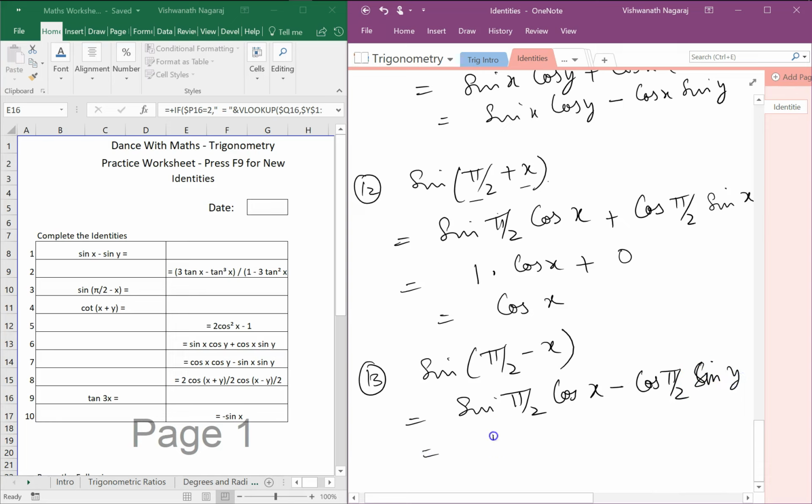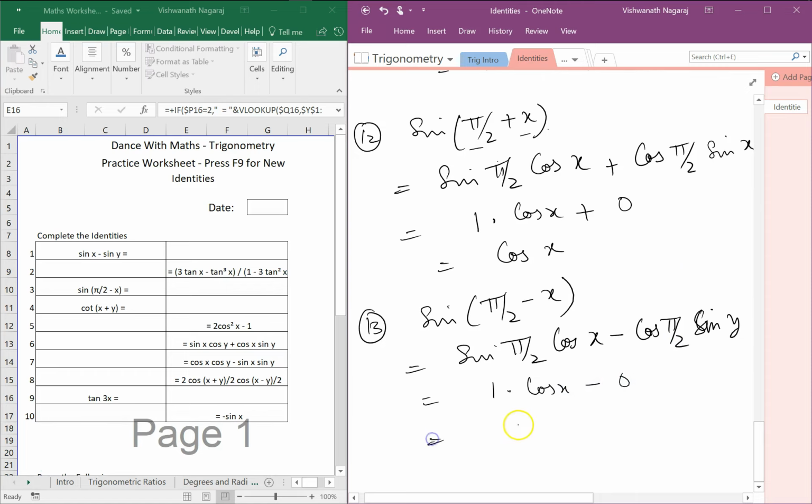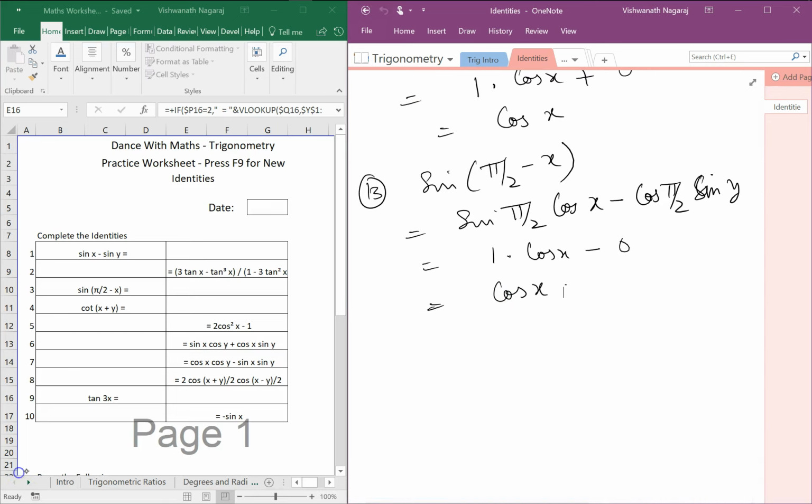Sin pi by 2 is 1 cos x minus 0. So this is cos x. Same way you can do it for pi, right? 180 minus x.